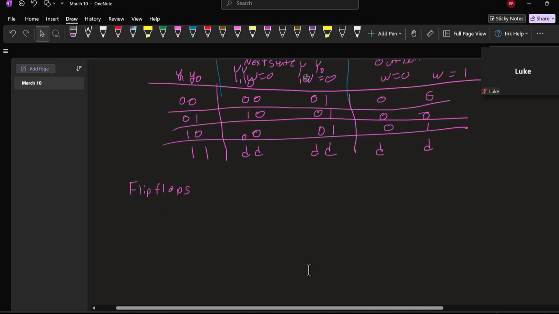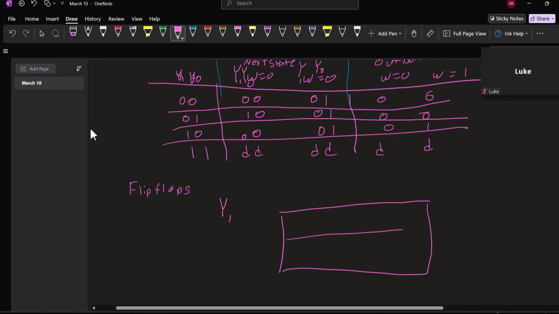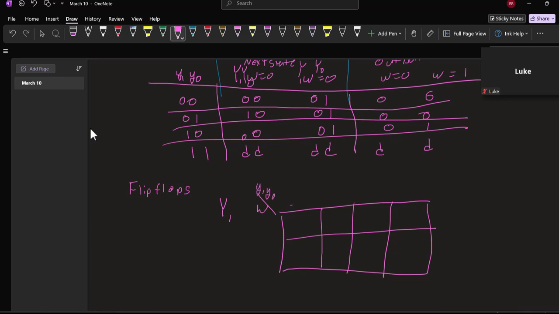So to figure out my Boolean expression for capital Y1, capital Y1 depends on little y1, little y0, and w.